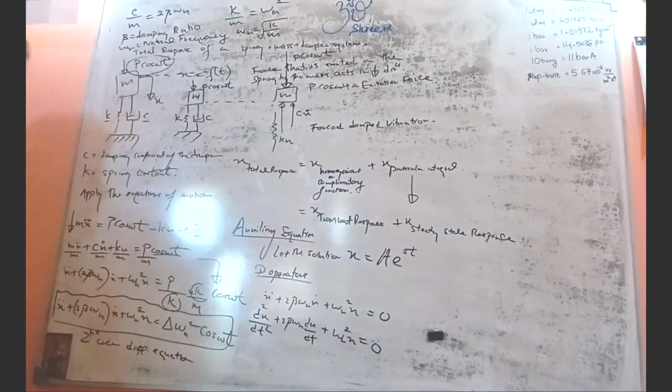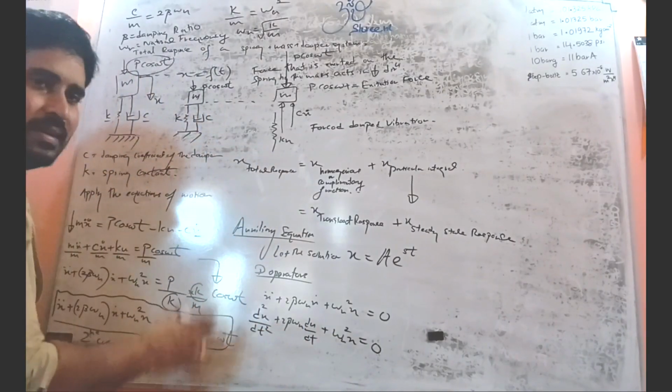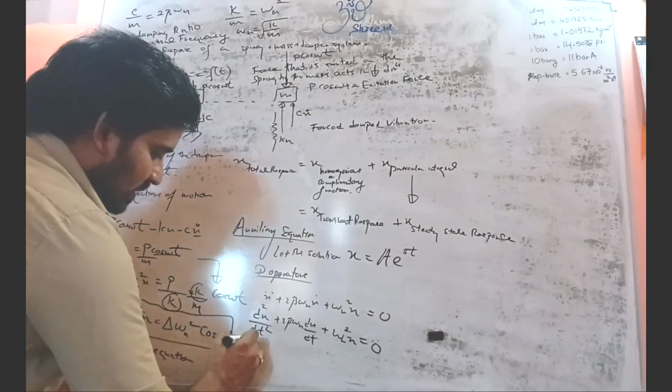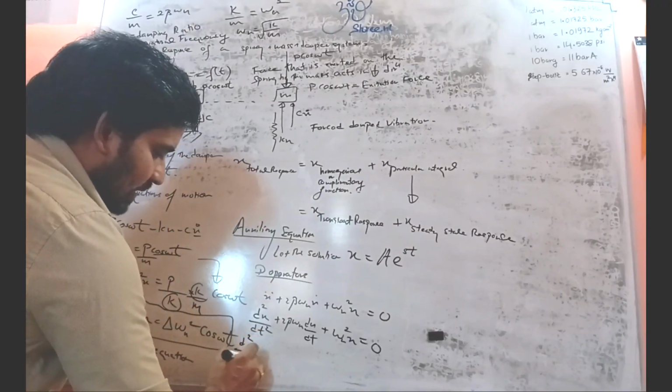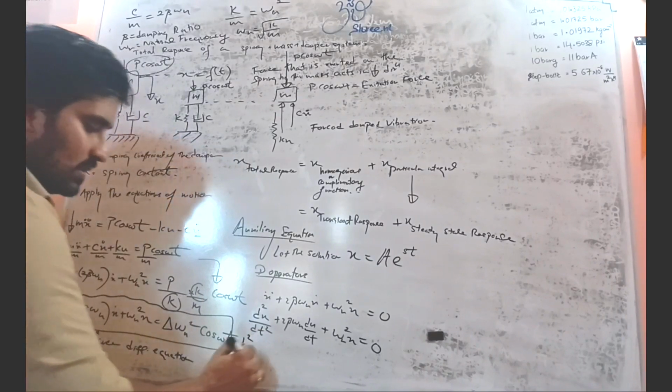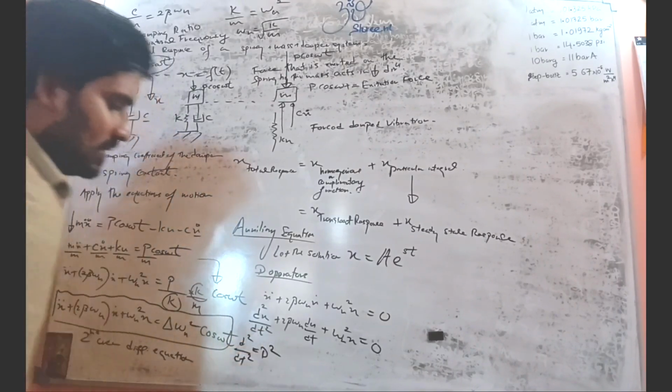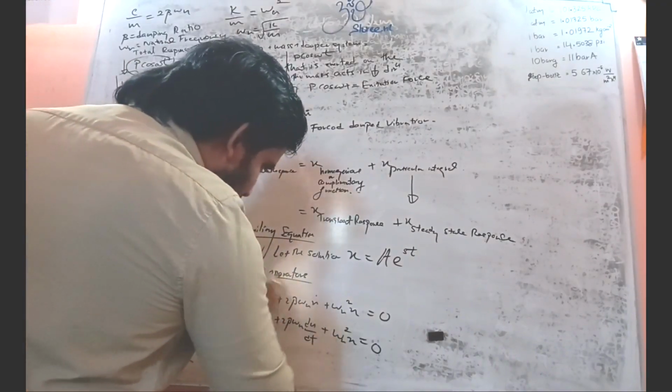As this is a second derivative, better denote this operator by, let's say, D squared. This is a technique, because I'm focusing on the D operator method.